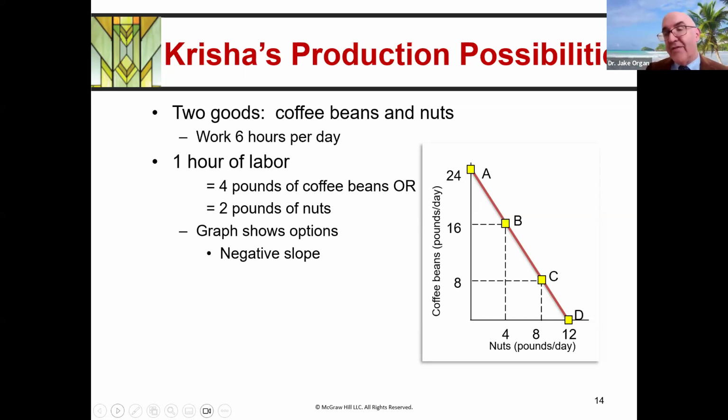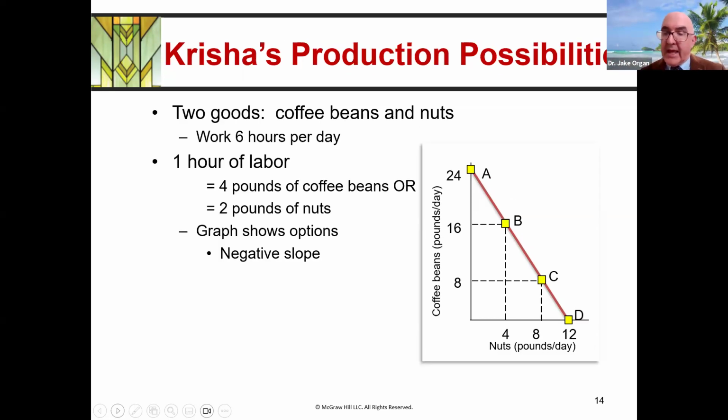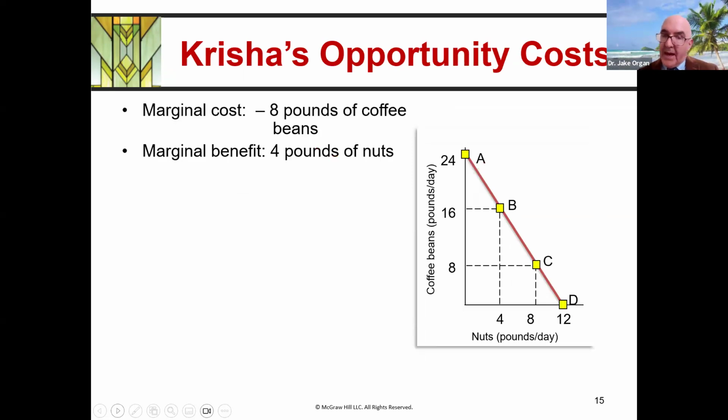As we'll see, there's a reason for that negative slope, because it means to gain something you have to give up something else, and that's a production possibilities frontier. And so if we think about it, for example, if Krisha wants 4 pounds of nuts, she's got to give up 8 pounds of coffee beans.